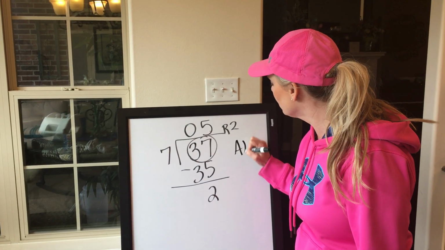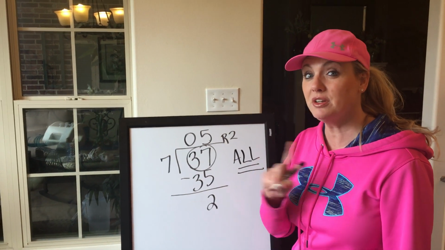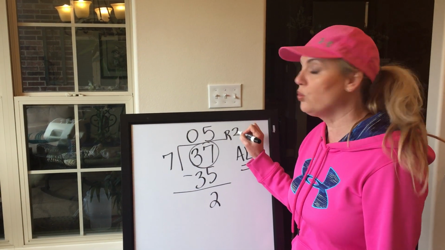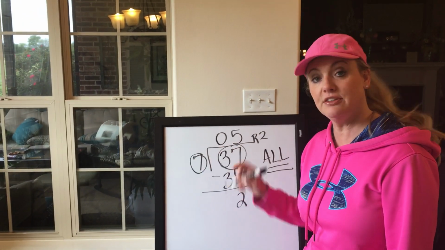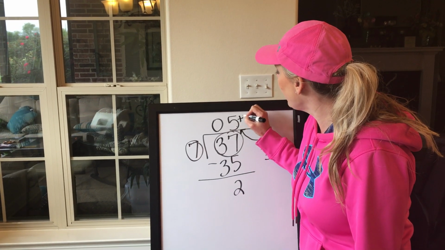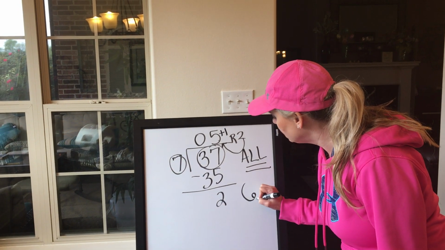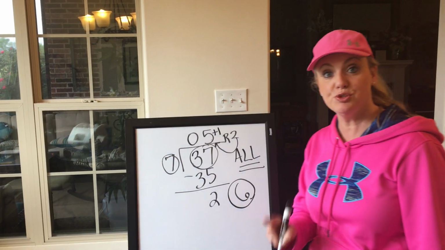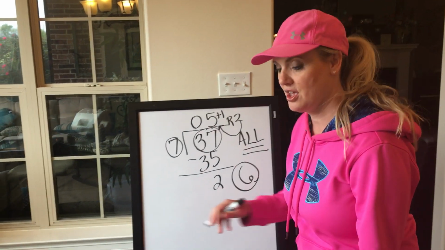Remember that keyword all is a giveaway that we're probably going to need 1 more. So we don't need 2 more shoe boxes because we know 7 can fit inside each box. But we need to add 1 to the 5, so we will need 6 shoe boxes when he packs back up and heads to college.